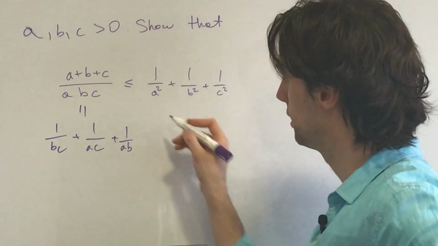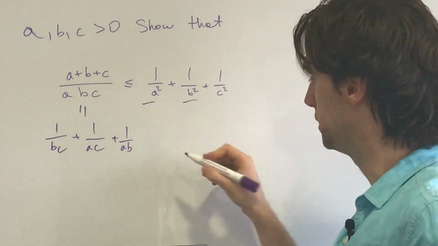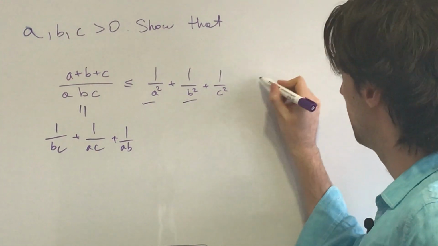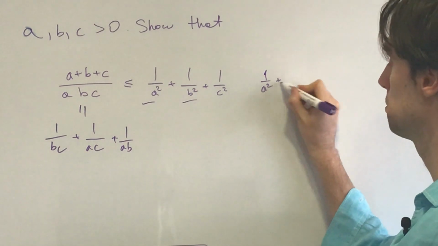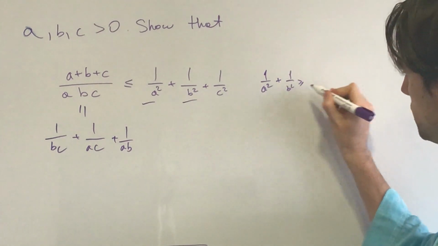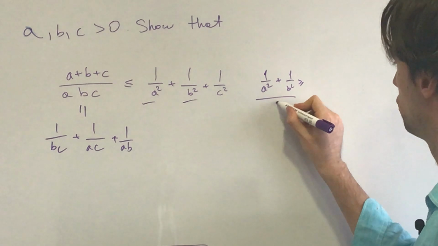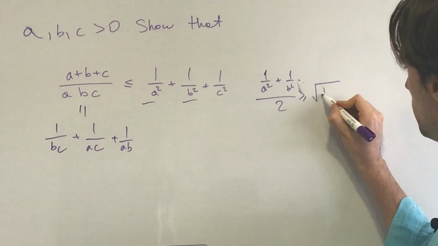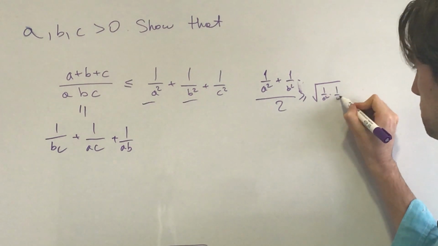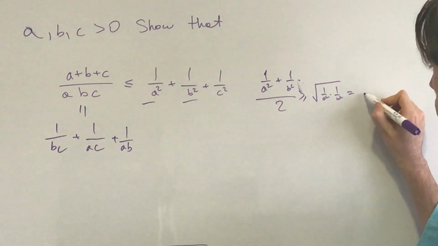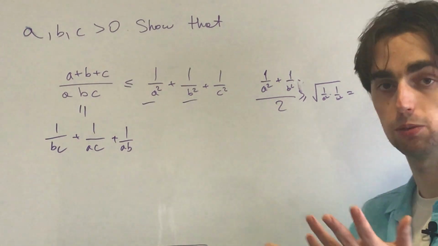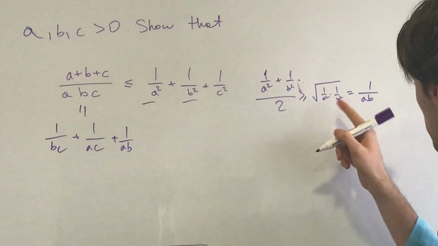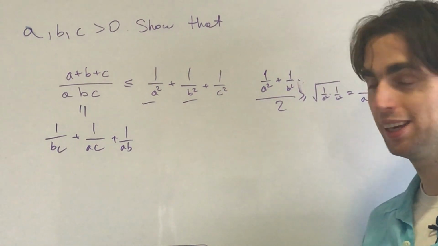If we take 1 over a squared plus 1 over b squared, by the arithmetic geometric mean inequality, this over 2 is greater than or equal to the square root of 1 over a squared times 1 over b squared, which is equal to the square root of 1 over a squared b squared, which is equal to 1 over ab.